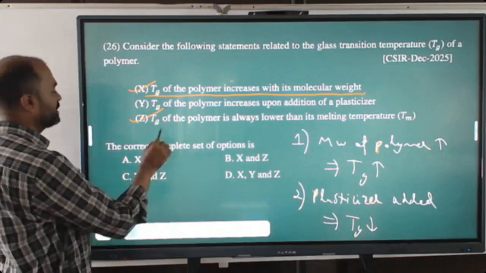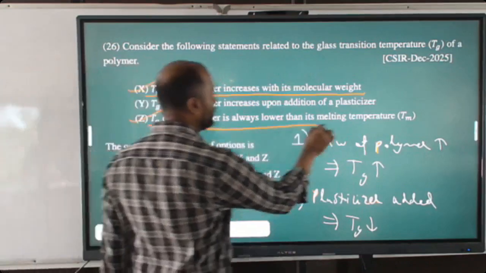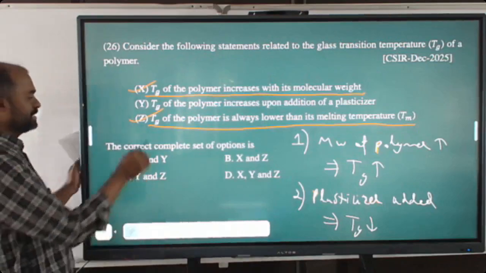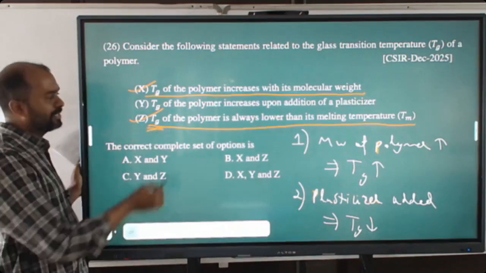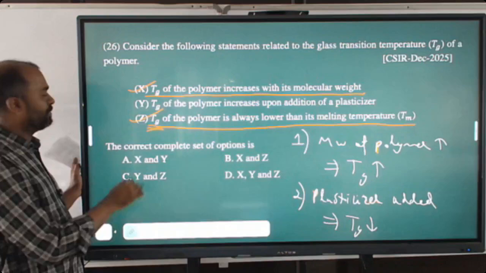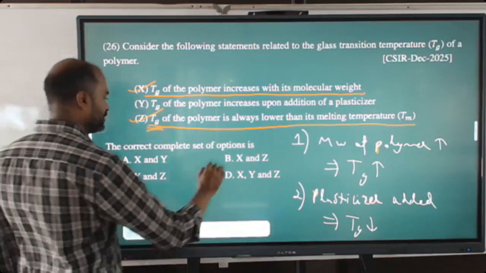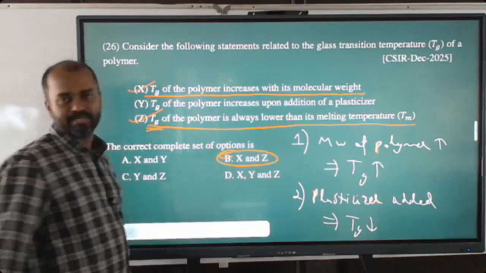That's the last statement: Tg of polymer is always lower than the melting temperature. That is also correct. Glass transition temperature of polymer is always lower than its melting point. X and Z are the correct statements. So the answer is option B, X and Z.